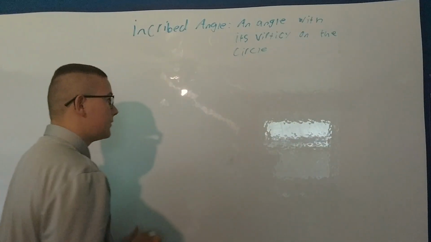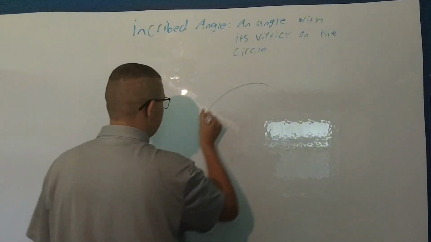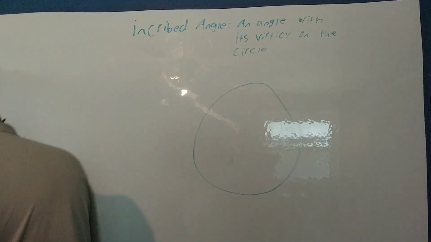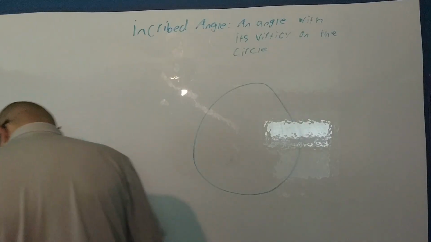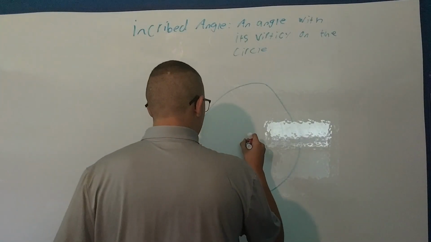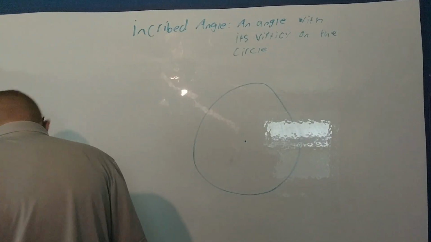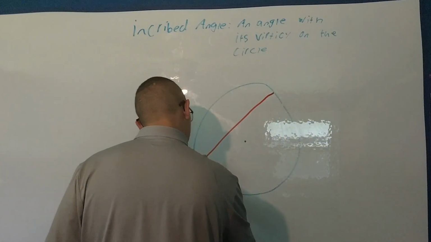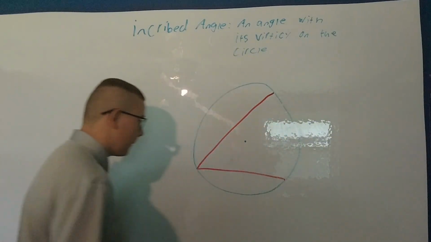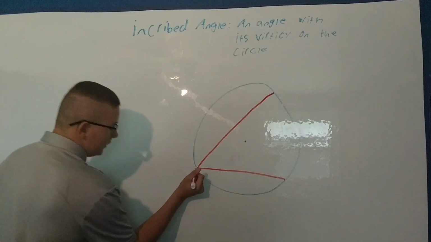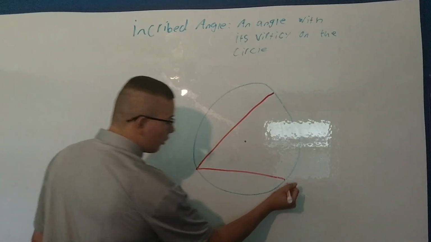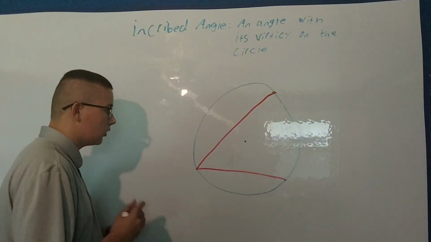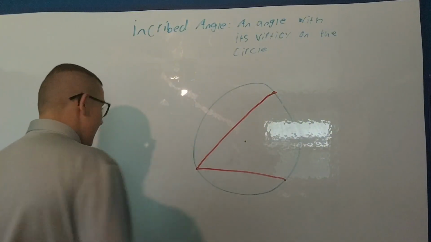Right, so it has its vertex on the circle rather than in the circle. So what that would look like, if the center is there, this would be an angle like that, right? Where its vertex meets right there on the circle, and then it goes off to the rest of the circle, like that.